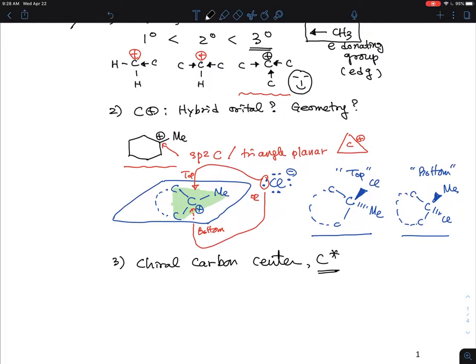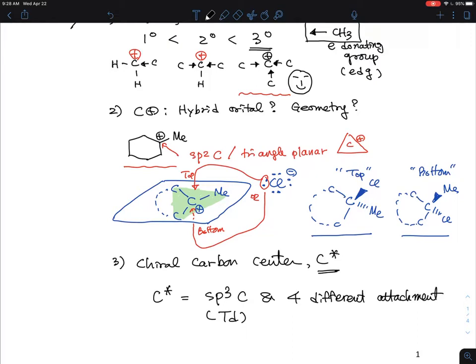This is a chiral carbon center, and if you remember, the requirement for this is an sp3 carbon, meaning tetrahedral structure, and four different attachments.